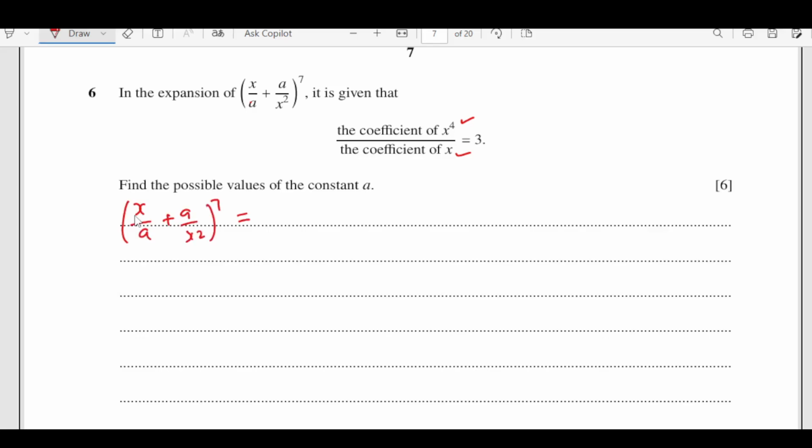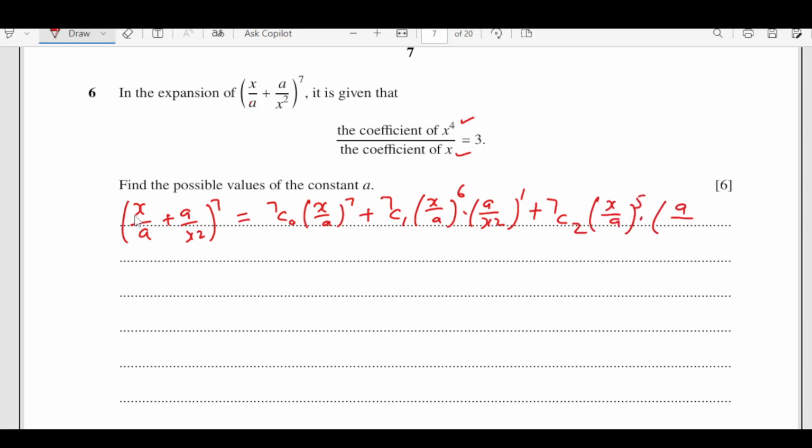So this is going to be 7C0 (x/a)^7 plus 7C1 (x/a)^6 (a/x^2)^1, then plus 7C2 (x/a)^5 (a/x^2)^2, right?